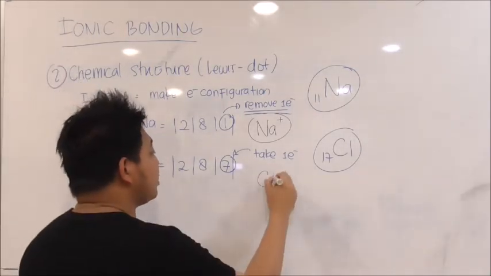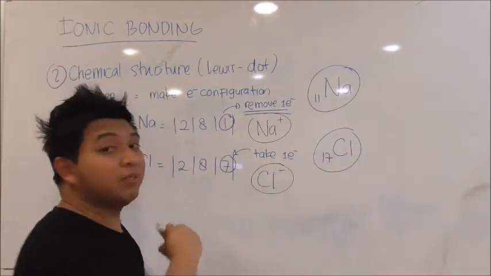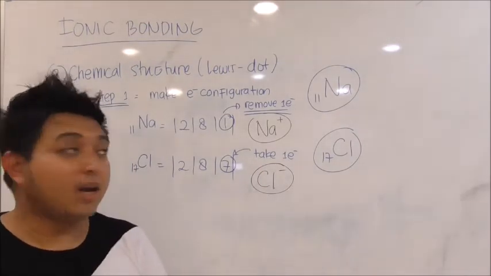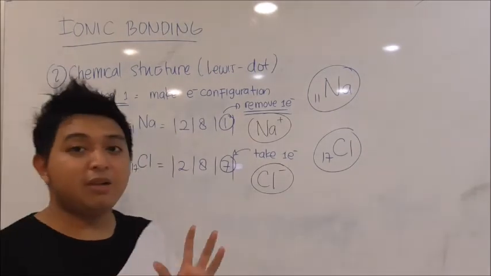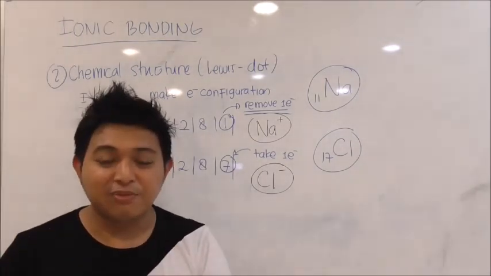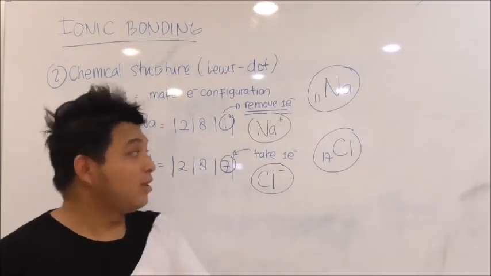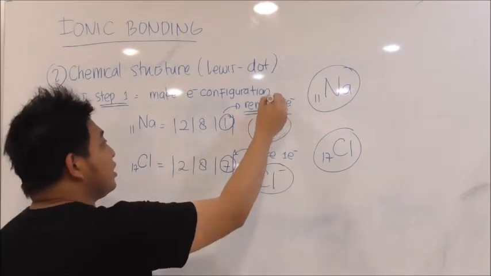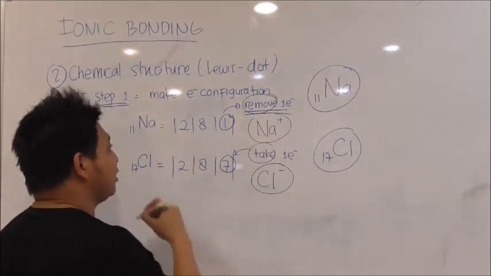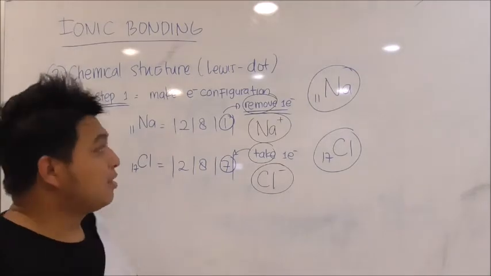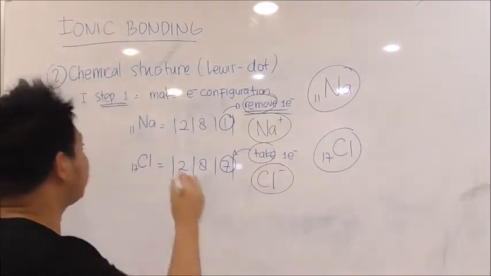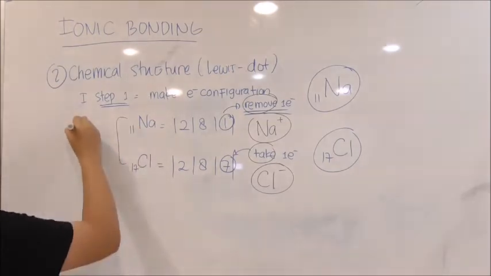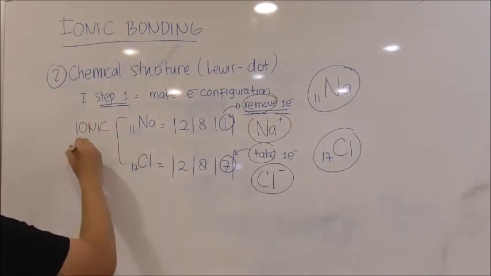So it is take and remove, similar to take and give. That's why, when there is remove and take, we can say that between sodium and chloride, you can produce an ionic bond.